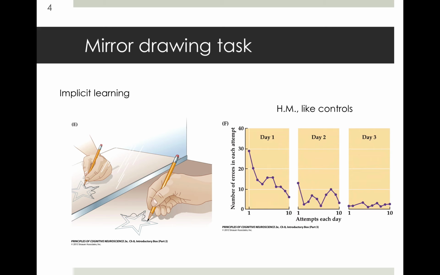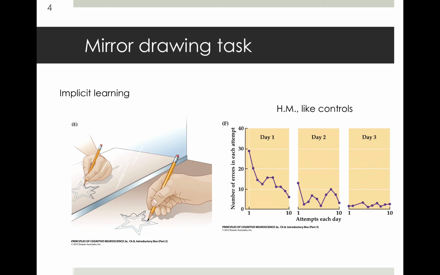So the implicit learning task entails a shape, and the subject is not allowed to look at their own hand when they're tracing the shape, but they are allowed to look in the mirror. So there's a motor component to the task.